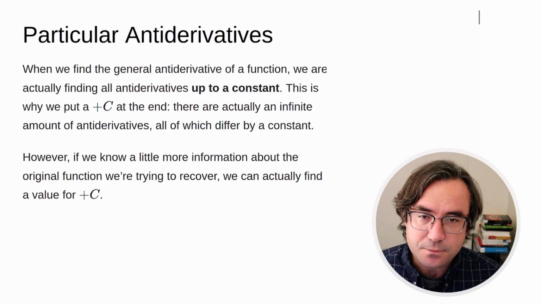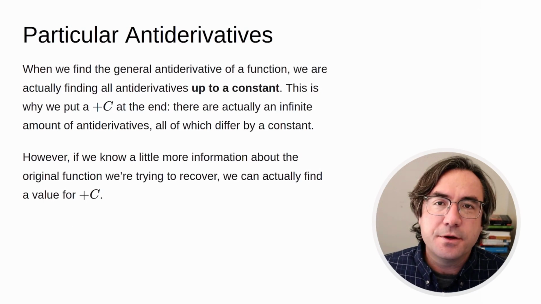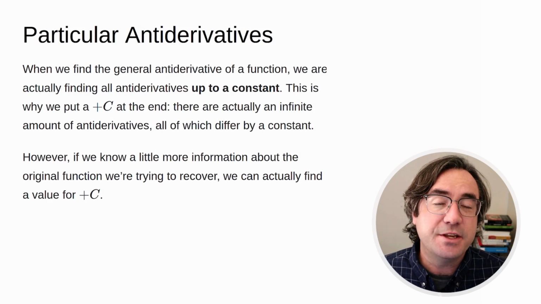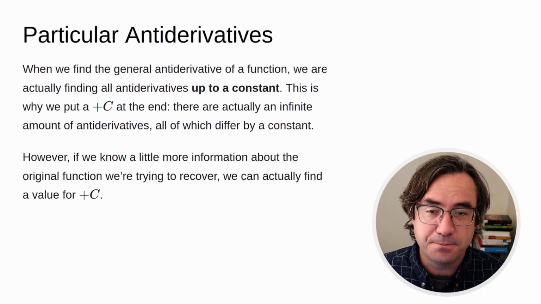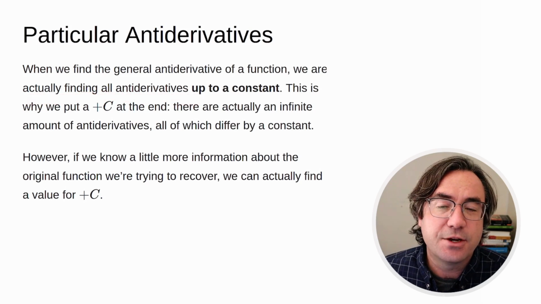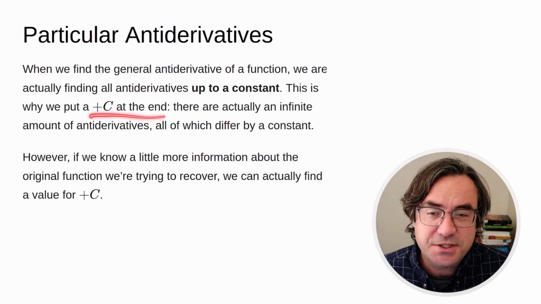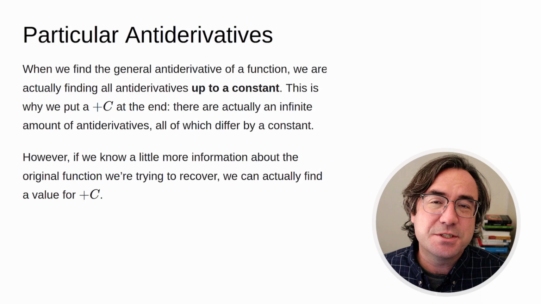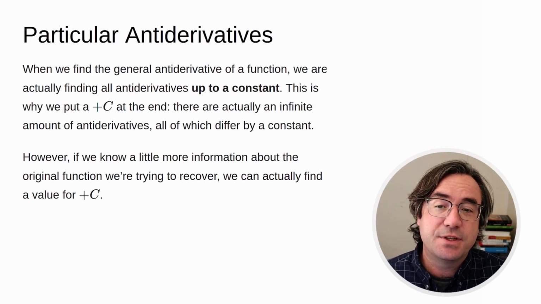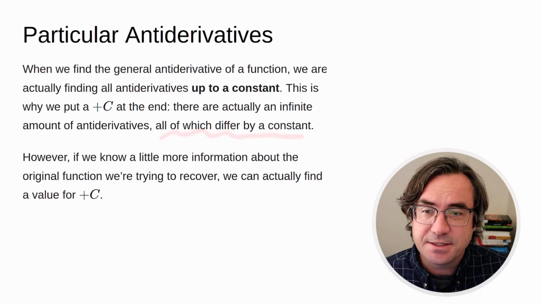And if we remember back, all the integrals and antiderivatives that we've done so far have been finding the general antiderivative of a function. And what we're doing is we're actually finding all antiderivatives up to a constant. And then we throw a plus c at the end. The reason we do this is because, as we've seen, there's really an infinite number of possible antiderivatives that we could have for a function, but they all just differ by a constant.